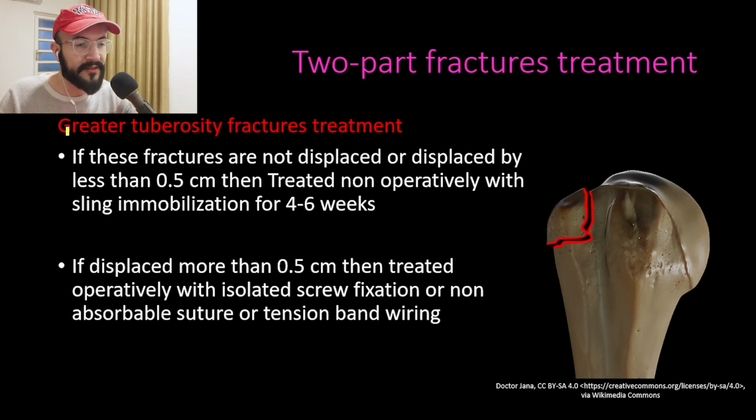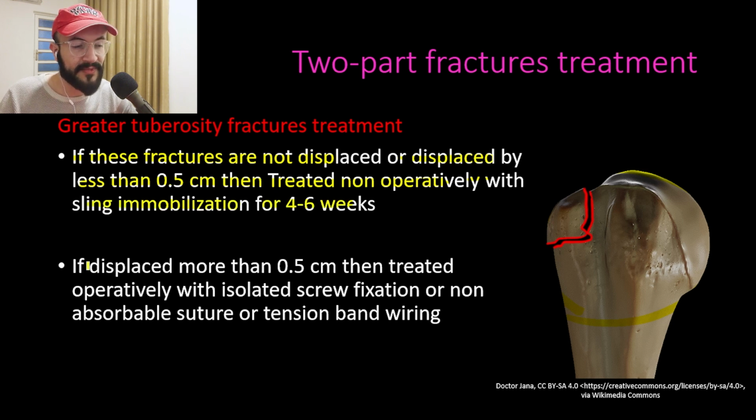Now, regarding the treatment of the two-part greater tuberosity fractures, those that you can see in this picture here, if these fractures are not displaced or displaced by less than 0.5 centimeter, then they are treated non-operatively with a sling immobilization for 4 to 6 weeks.